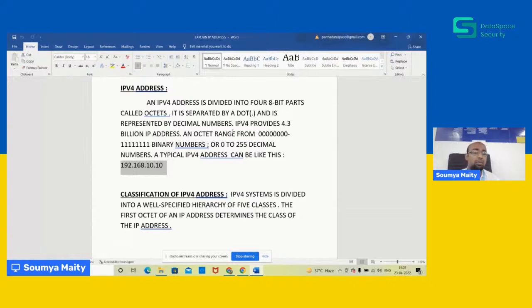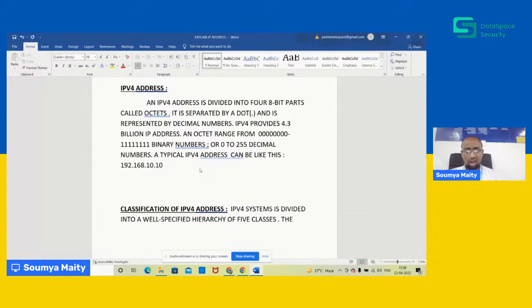An octet ranges from 00000000 to 11111111 in binary numbers, or 0 to 255 in decimal numbers. So there is a calculation: how can I get 00000000 to 11111111, the numbers from 0 to 255?